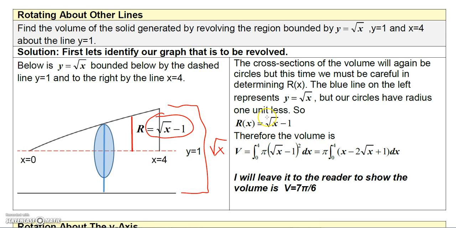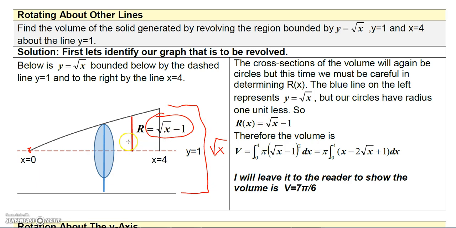So that's our radius. And this would actually go from x equals 0. I don't know if I said that, but I should have said x equals 0. So we're going to go from x equals 0 out to x equals 4, and then revolve this around the line y equals 1.